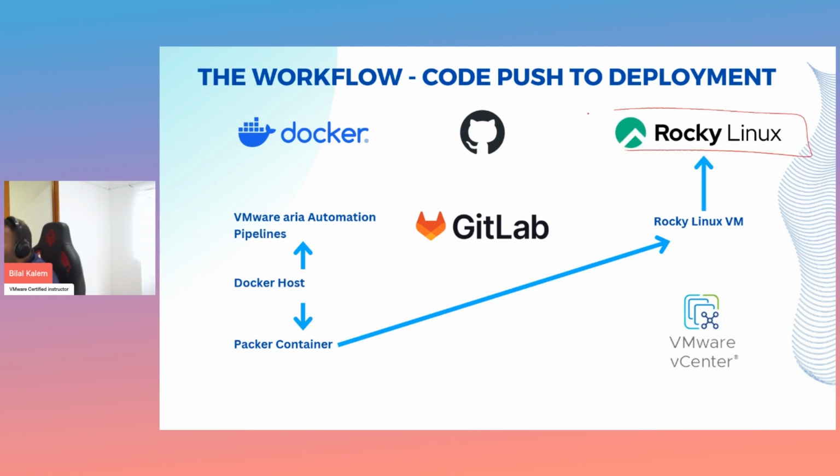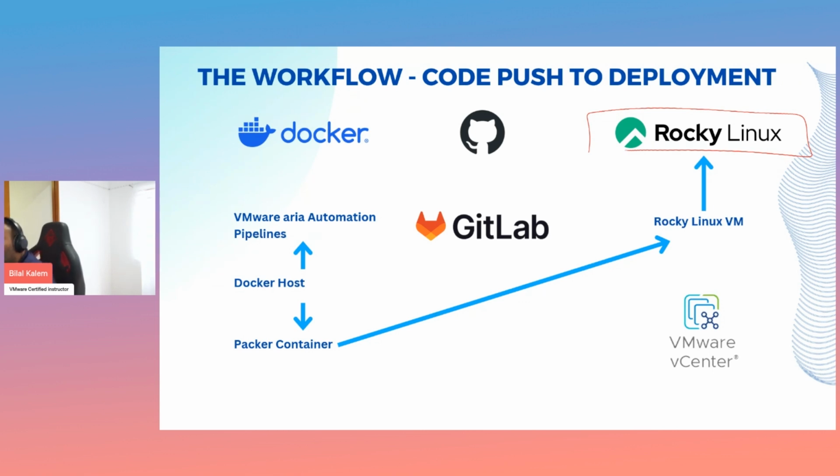Now we have a template automatically created from a VM that was automatically installed and automatically configured. We shut down the VM automatically and convert it into a VMware vSphere template. And this template can now be used to deploy any future Rocky Linux instance.